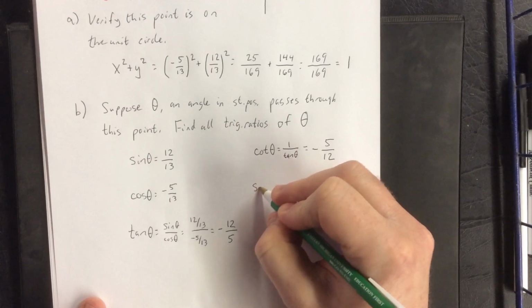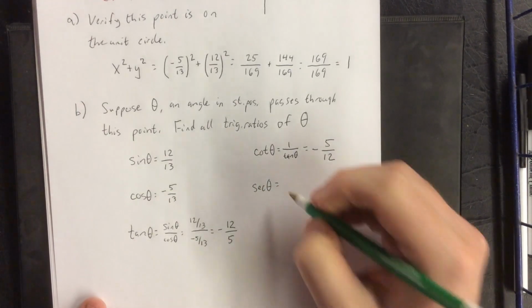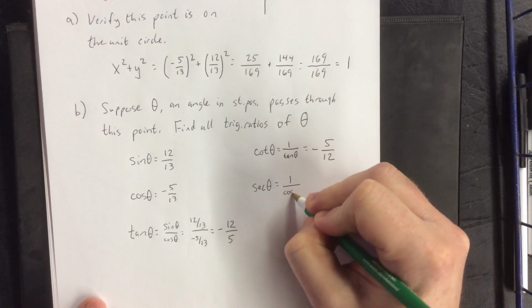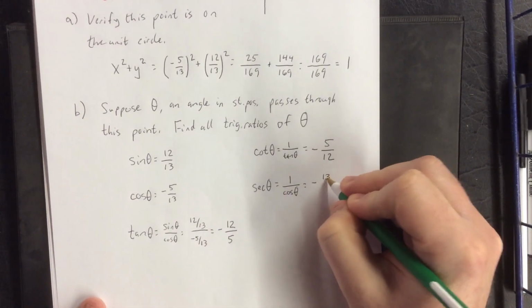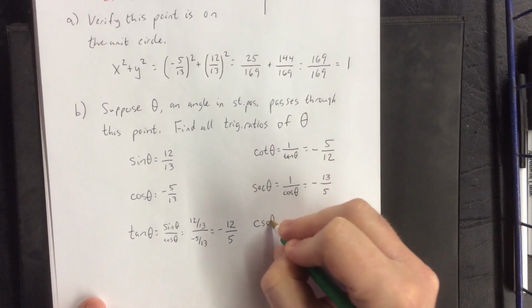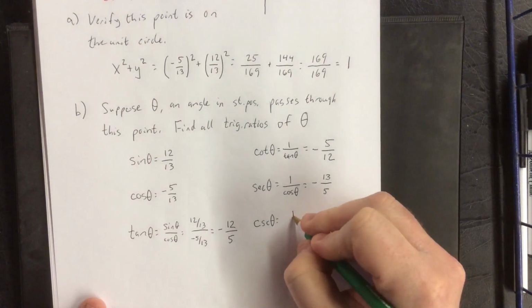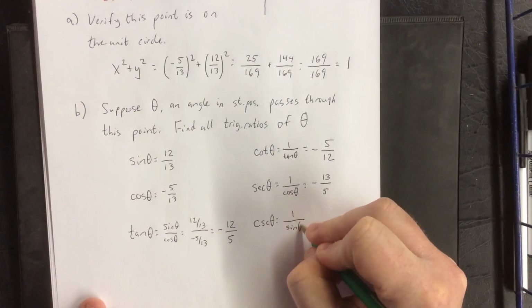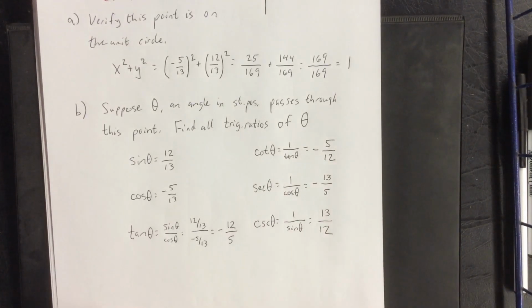Do the same thing for the secant. Secant is supposed to be the reciprocal of the cosine, which again means flip the top and the bottom. That'll be negative 13 over 5. And finally for the cosecant of theta, that'll be the reciprocal of the sine of theta. And from that we will get 13/12.